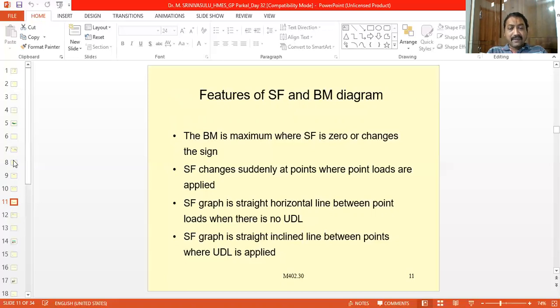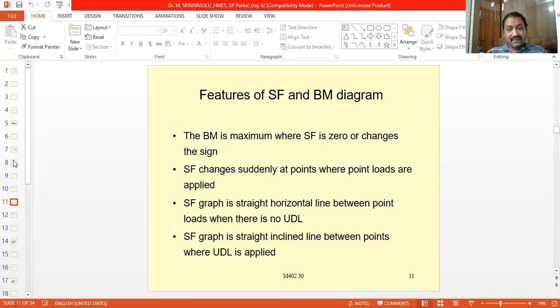Here the first one is the bending moment is maximum where the shear force is zero or changes sign. Generally the shear force will cross the zero line.